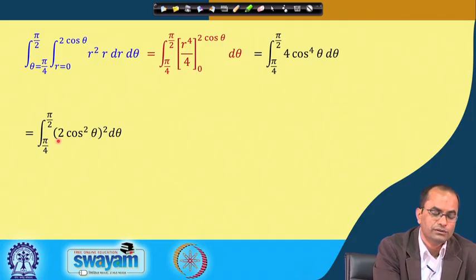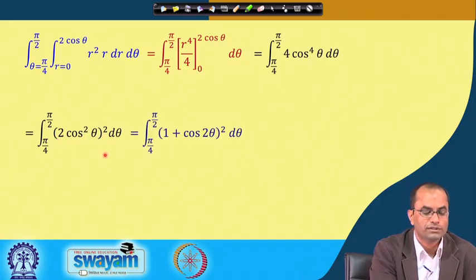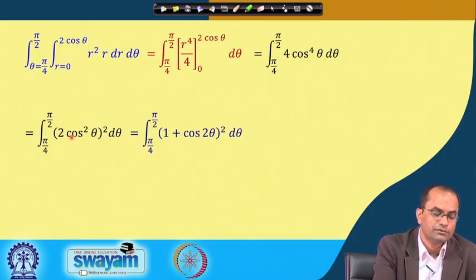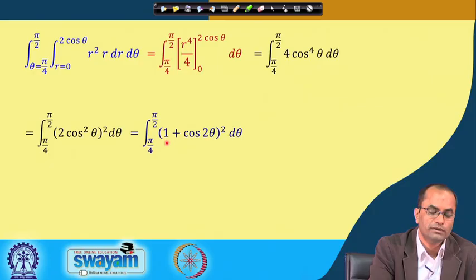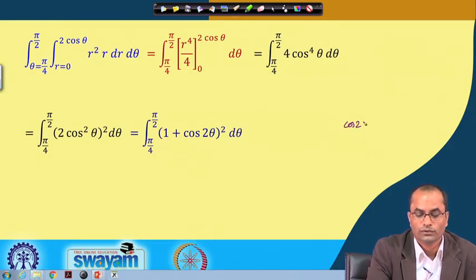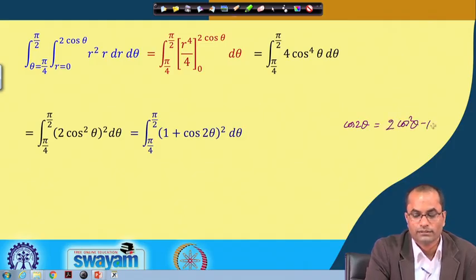So, this we have written as 2 cos square theta whole square, and 2 cos square theta we can convert into the 2 theta form. So, this 2 cos square theta will be 1 plus cos 2 theta, by the relation that cos 2 theta is nothing but 2 cos square theta minus 1.